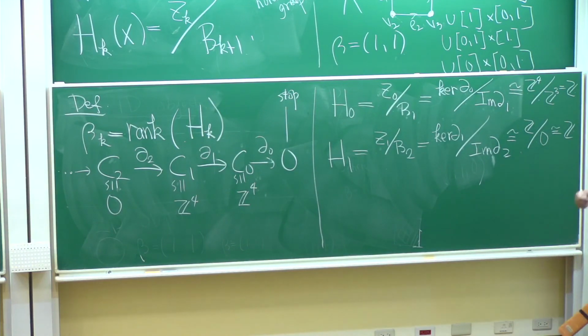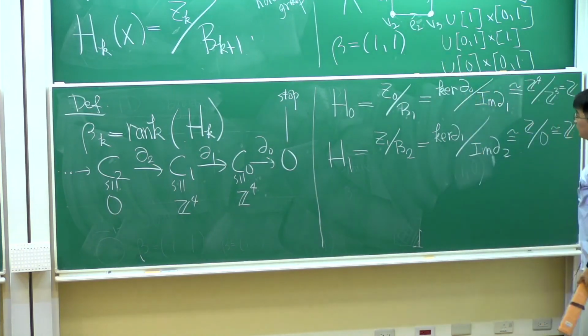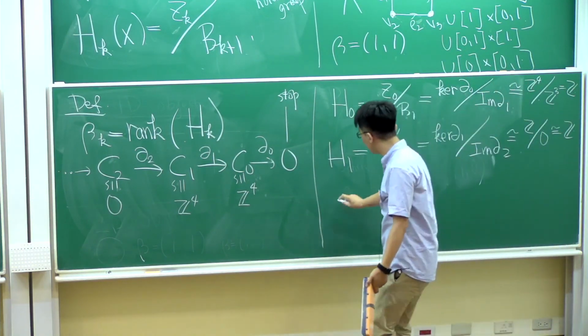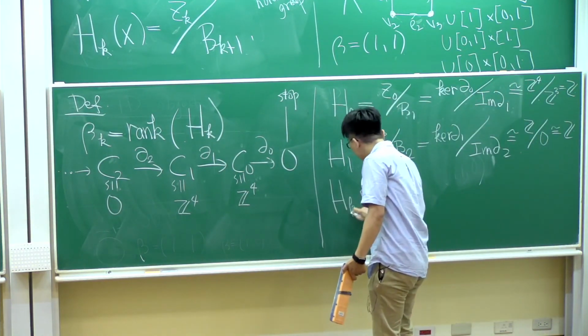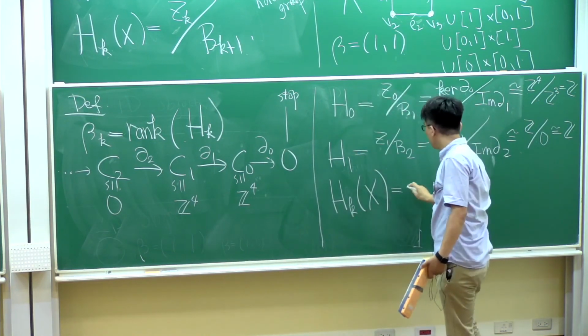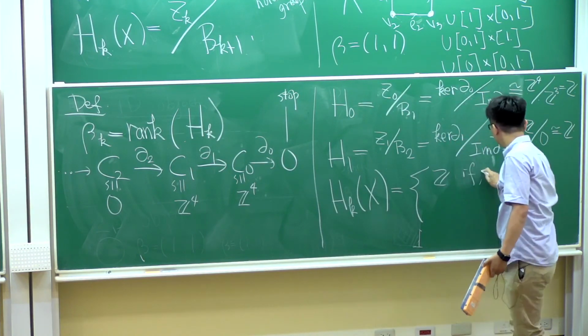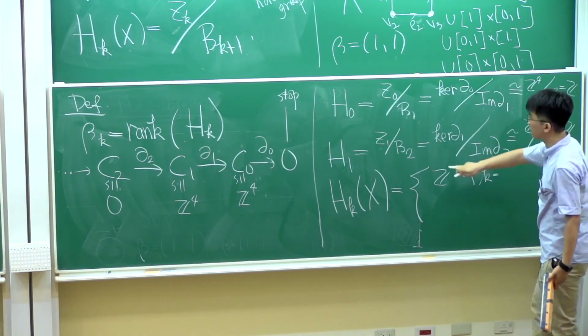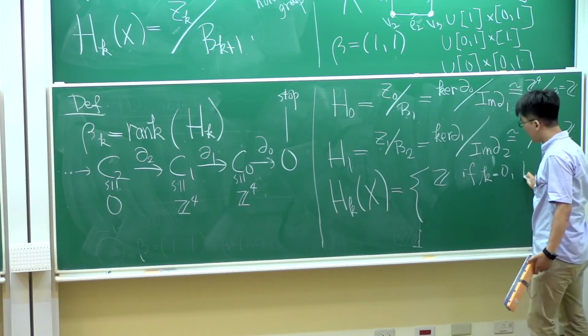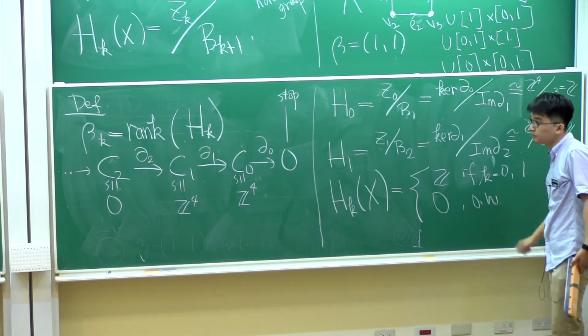Okay? So the homology group of this circle, this is what people will write. The homology group of a circle, this is my circle, is equal to Z if k equals 0 or 1, and the trivial group otherwise.